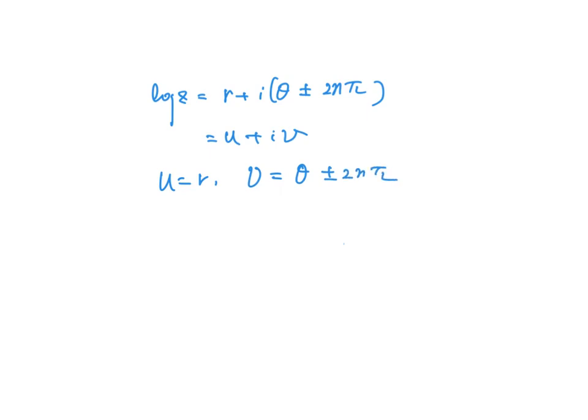So the Cauchy-Riemann condition in polar coordinates: partial u partial r is what? 1 over r, right? Partial v partial theta is 1.